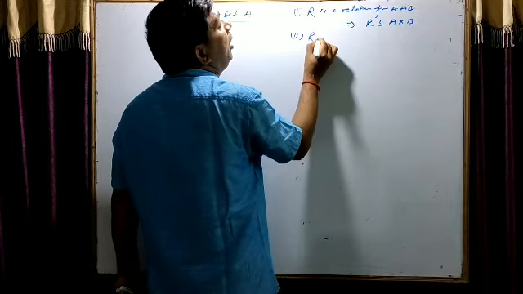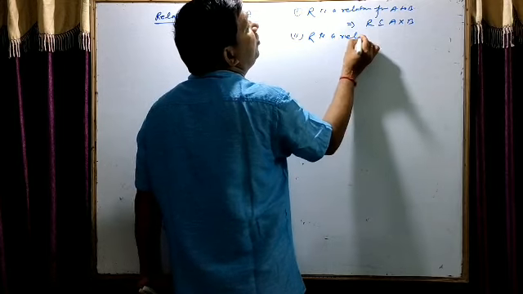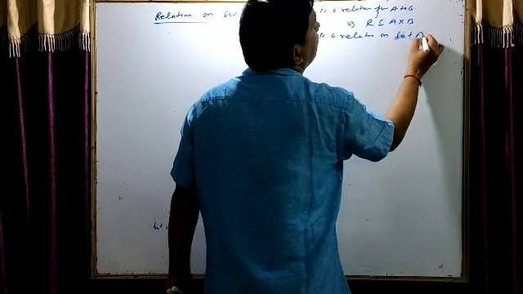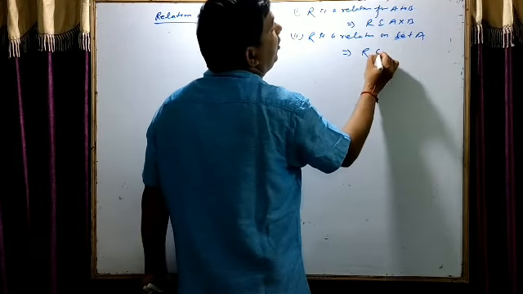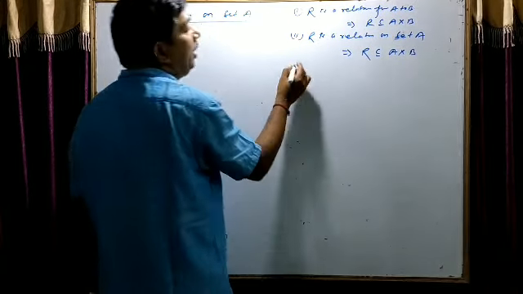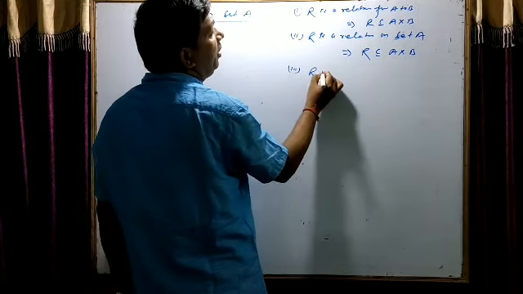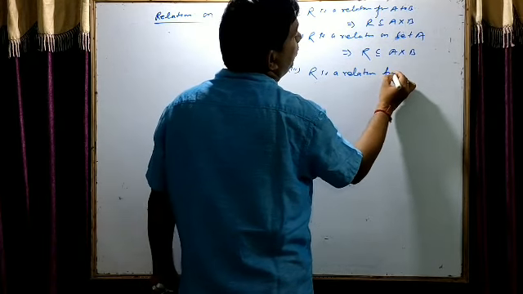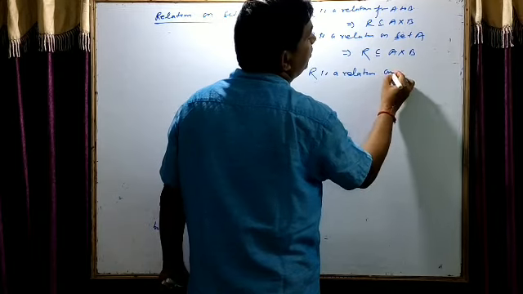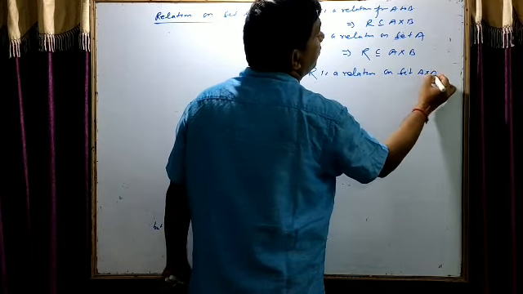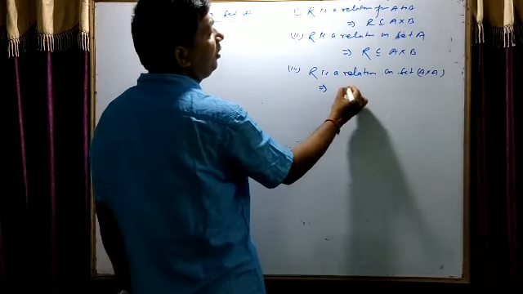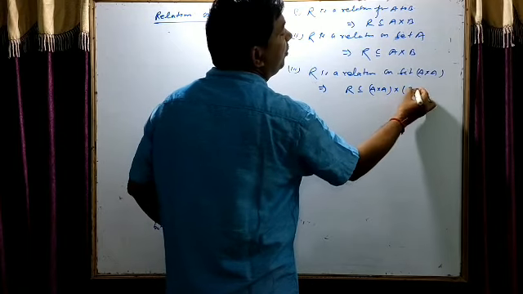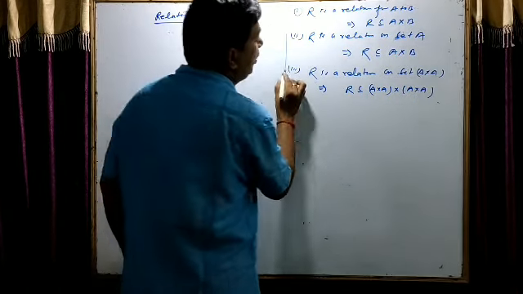If R is a relation on set A, this implies R is a subset of A cross A. Sometimes it is given as a relation on set A cross A, this implies R is a subset of A cross A cross A cross A. So this thing you have to remember.